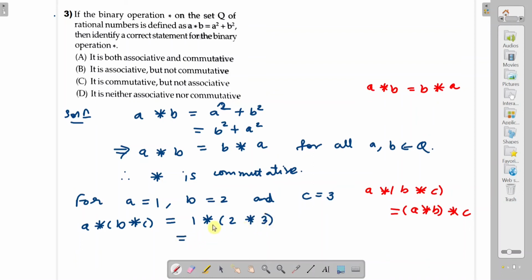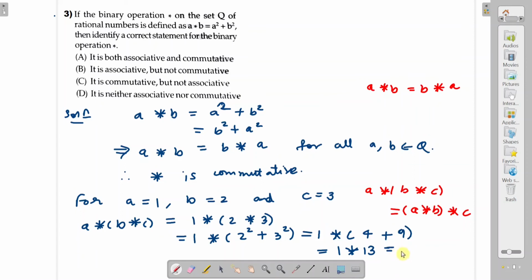See here, bracket you have to solve first. So 1 star bracket 2 star 3 will be 2 square plus 3 square, right? So this will be equal to 1 star, 2 square is 4 plus 3 square is 9. So what we are getting is 1 star 13, since 9 plus 4 is 13, right?